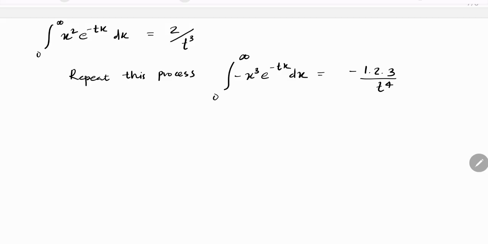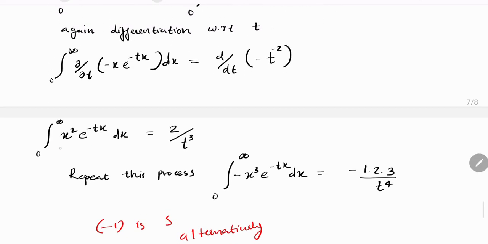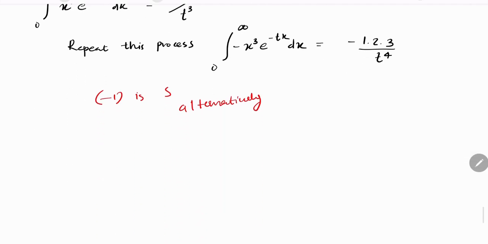If you observe this, the negative sign appears and disappears alternately. Here there is no negative, and here the negative sign appears. So the negative sign appears and disappears alternately.